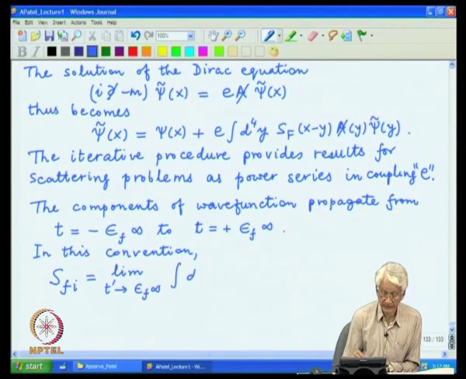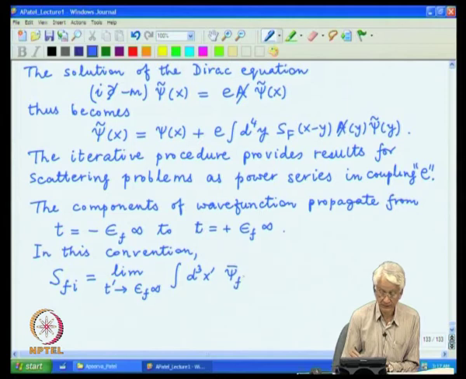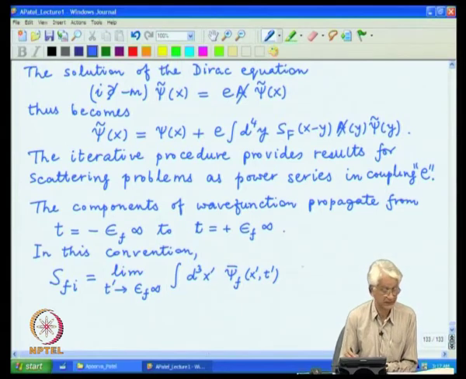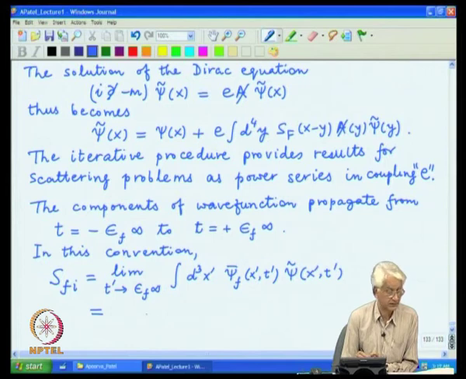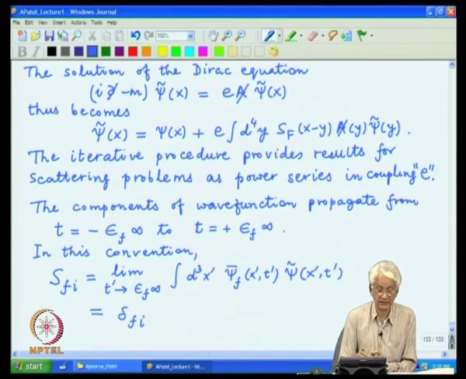It is defined as the overlap of certain final state with whatever solution that has evolved from the given initial state, and that solution we have denoted by psi tilde. So, this is just a definition, and one can easily now evaluate the overlaps. The leading term of psi x just produces a delta function, and I can just abbreviate it as delta of some final and some initial state.